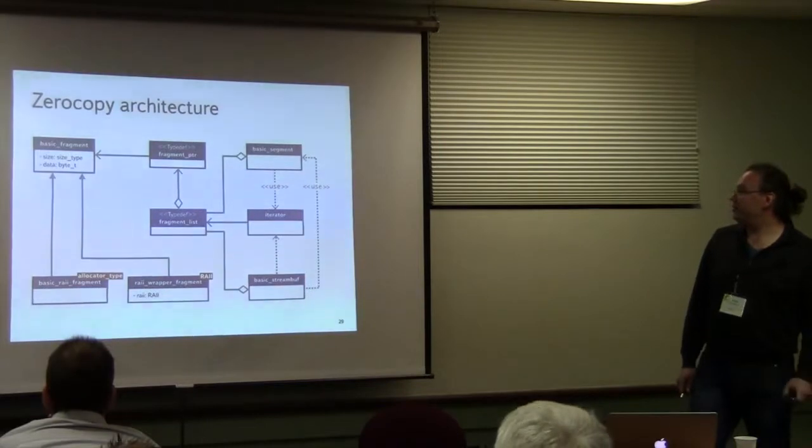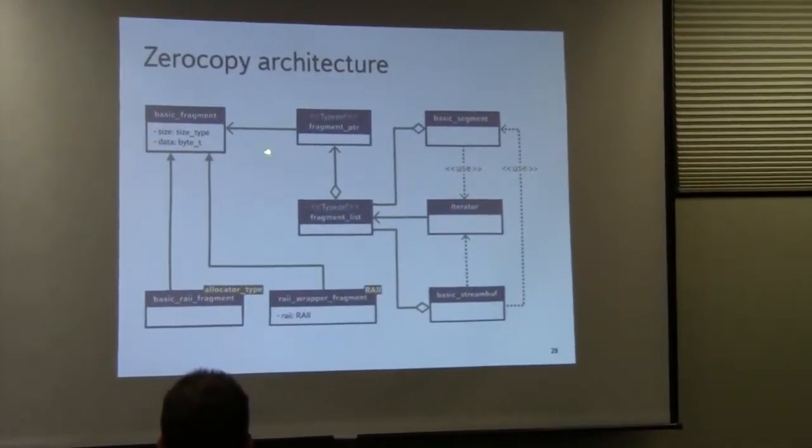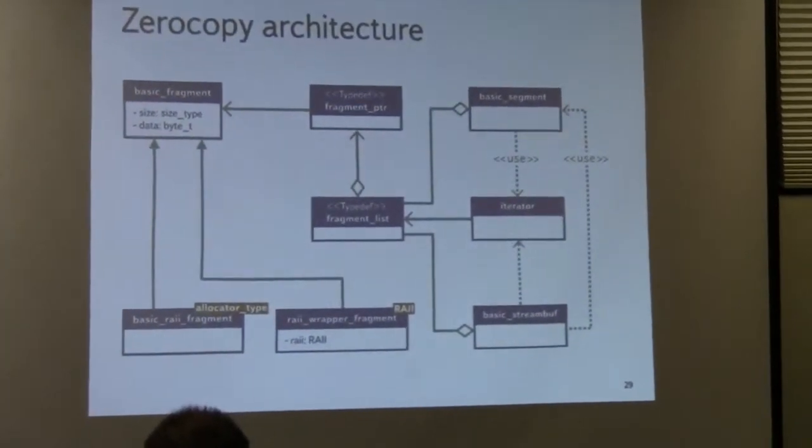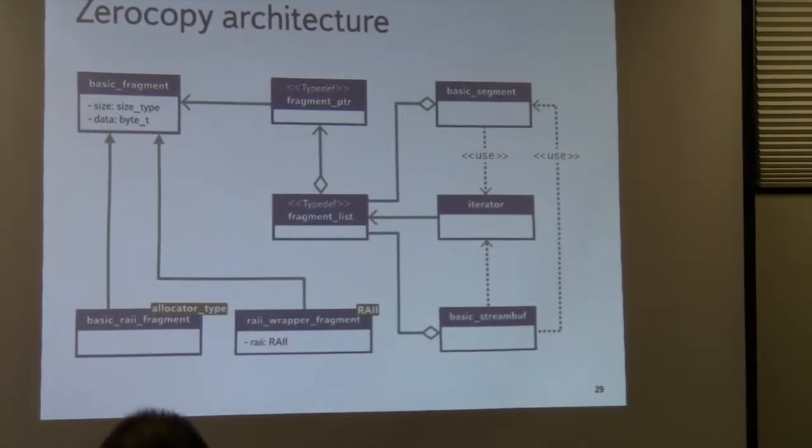Well, here is the zero copy architecture. Here is the basic fragment. This is the representation of the fragment. Here is the fragment list, which contains the shared pointers to the fragment.